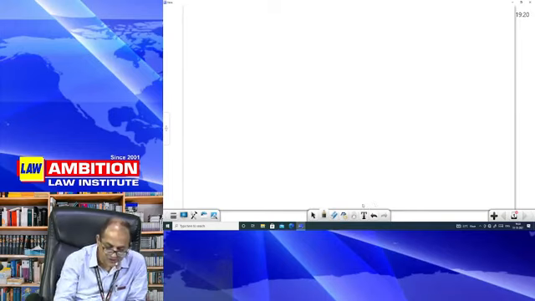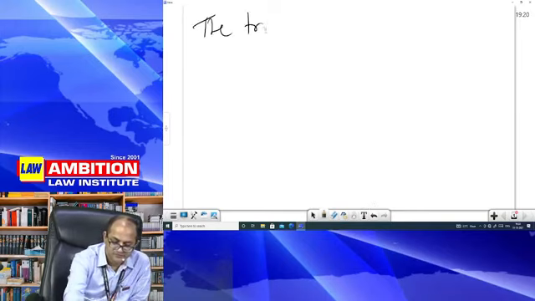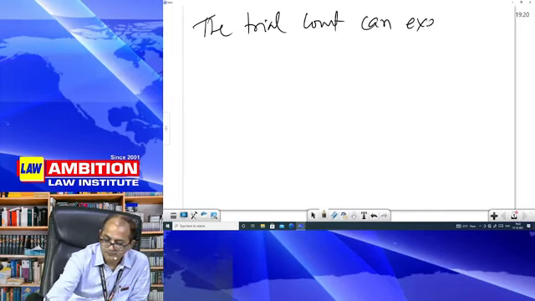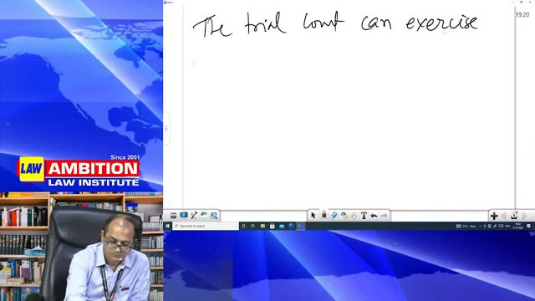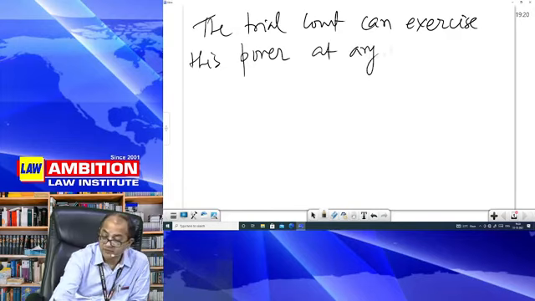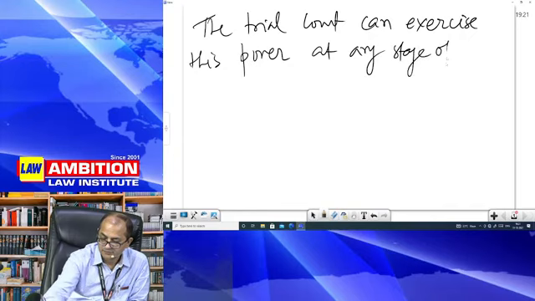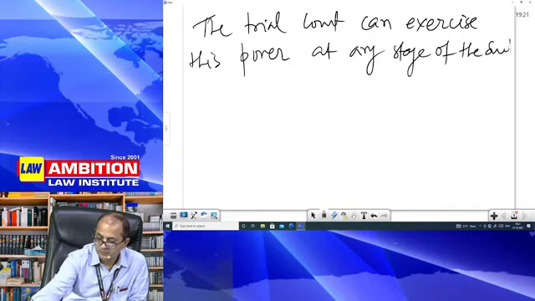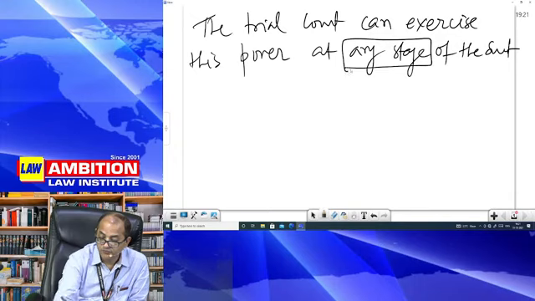The trial court can exercise this power at any stage of the suit. At any stage of the suit. See carefully.